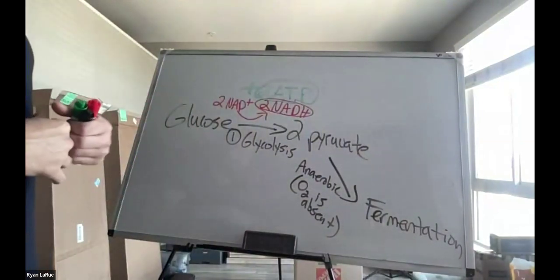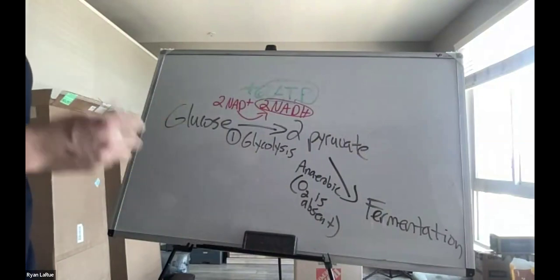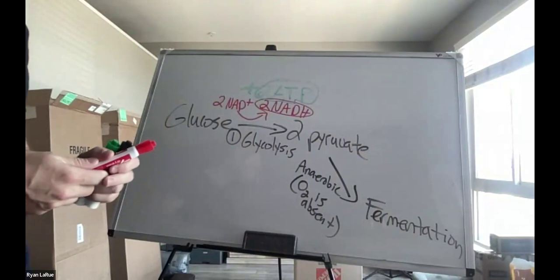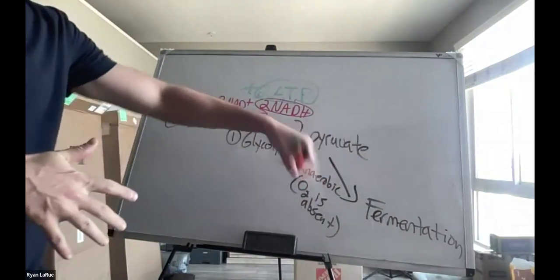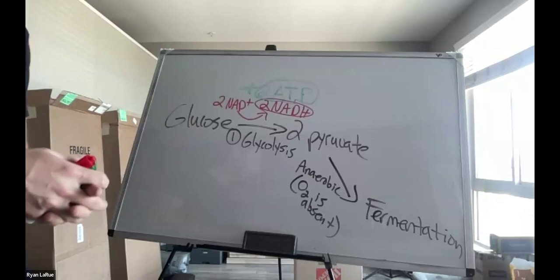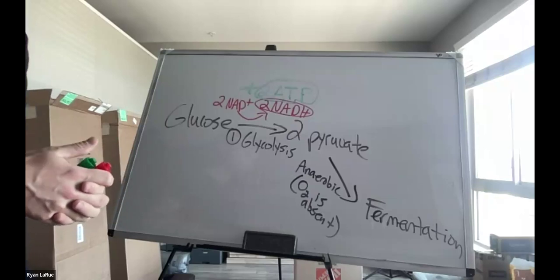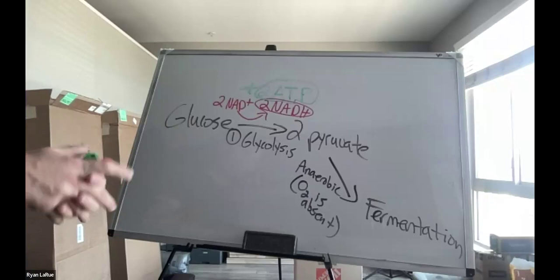But what I want to focus on is why. Why do this at all? What's the point? In biology, there tends to always be a reason why. It doesn't just happen for no reason.